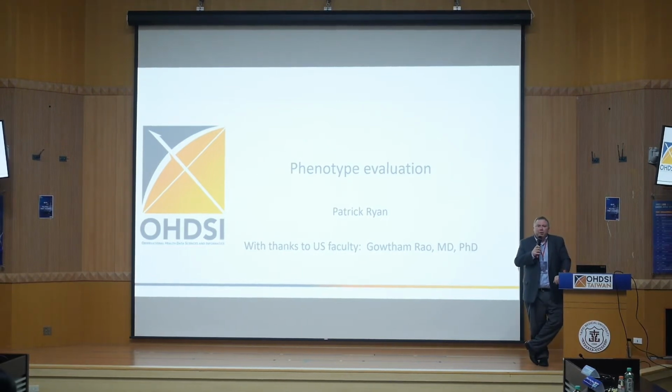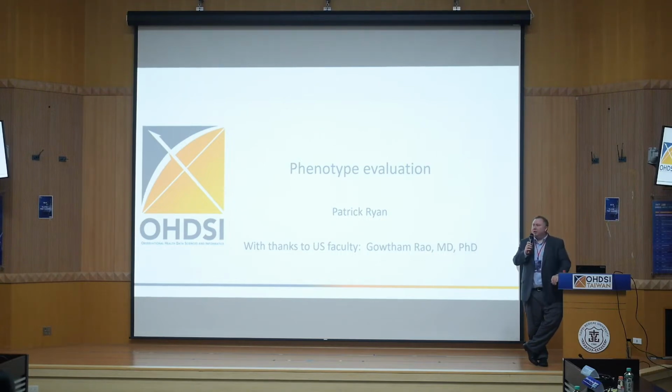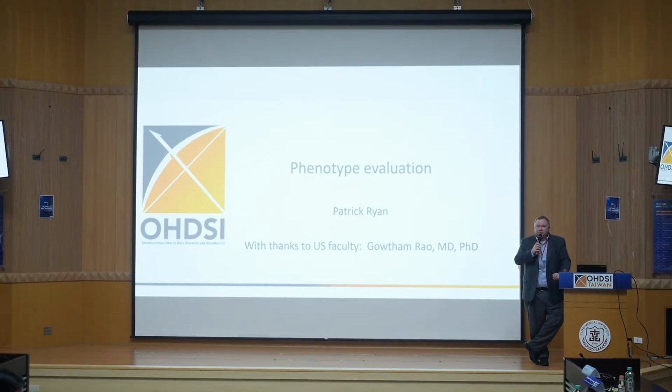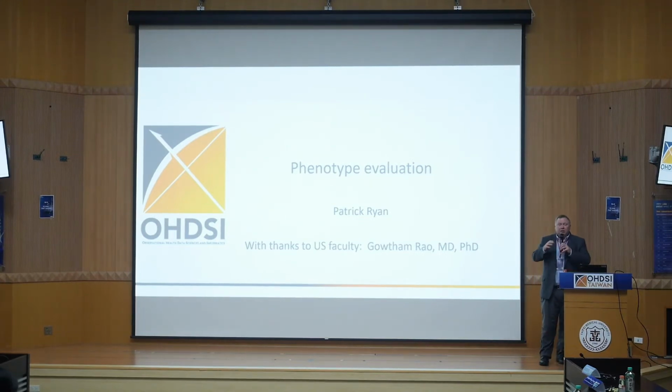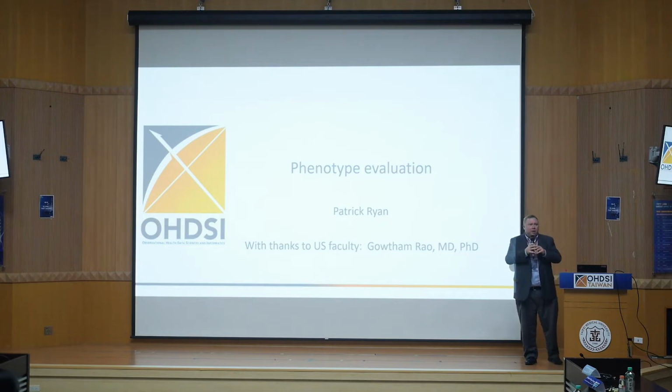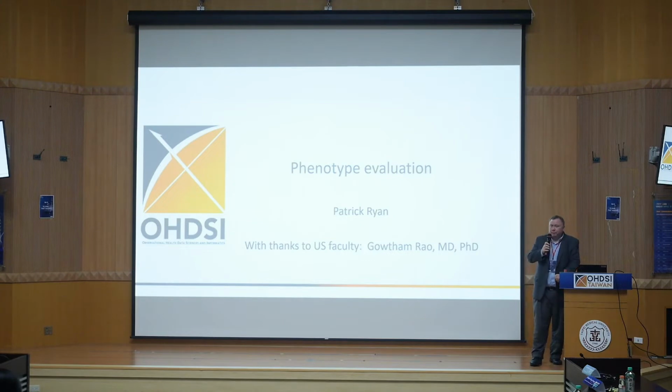Does anybody remember, we put it up on the screen relatively quickly, but does anybody remember what percentage of new users of lisinopril had prior hypertension? It popped up in the screen when he was showing the attrition table. Did anybody see that? Jan, what was the number? 76%. So 76% of new users of lisinopril had a record in their history of having hypertension.